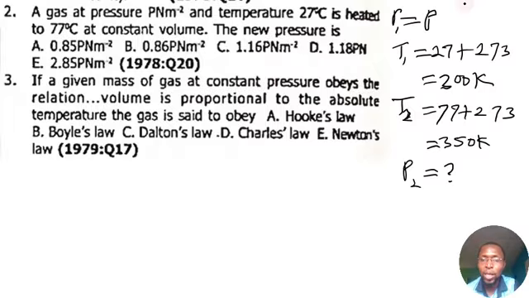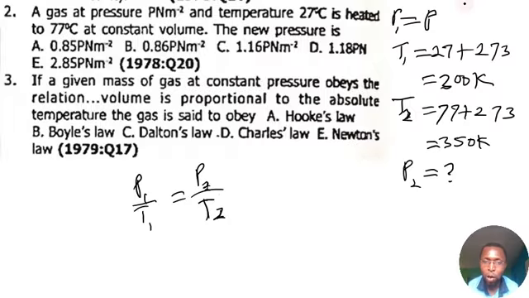The pressure law is the one that varies pressure and temperature at constant volume. Okay, pressure and temperature at constant volume. So going forward, we'll make use of our formula. That would be P1 over T1 equals P2 over T2.